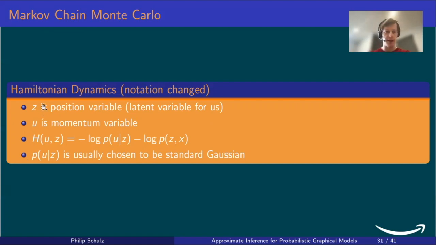So we're going to have Z as a position variable. And remember, Z is our latent variable that we're trying to do inference over. And we're going to have U called a momentum variable. So the position basically tells us where we are in the space. Think again of our posterior as a wiggly surface with lots and lots of humps. And Z is the position variable, which tells us how high up these humps we are.